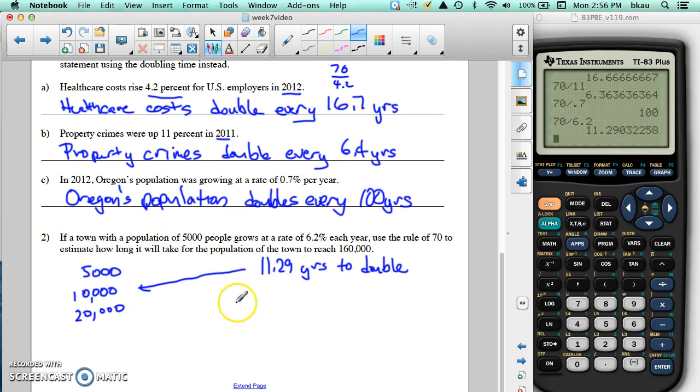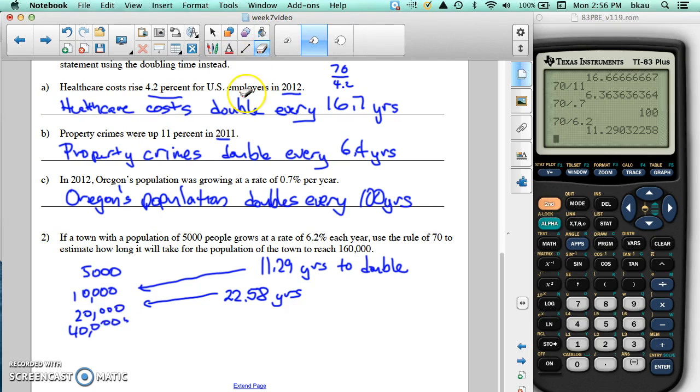Another 11.29, so that's 22.58 years to double again, so that's 20,000. Then we double again, we get 40,000. Then we double again to get 80,000, and then we double again to get 160,000.